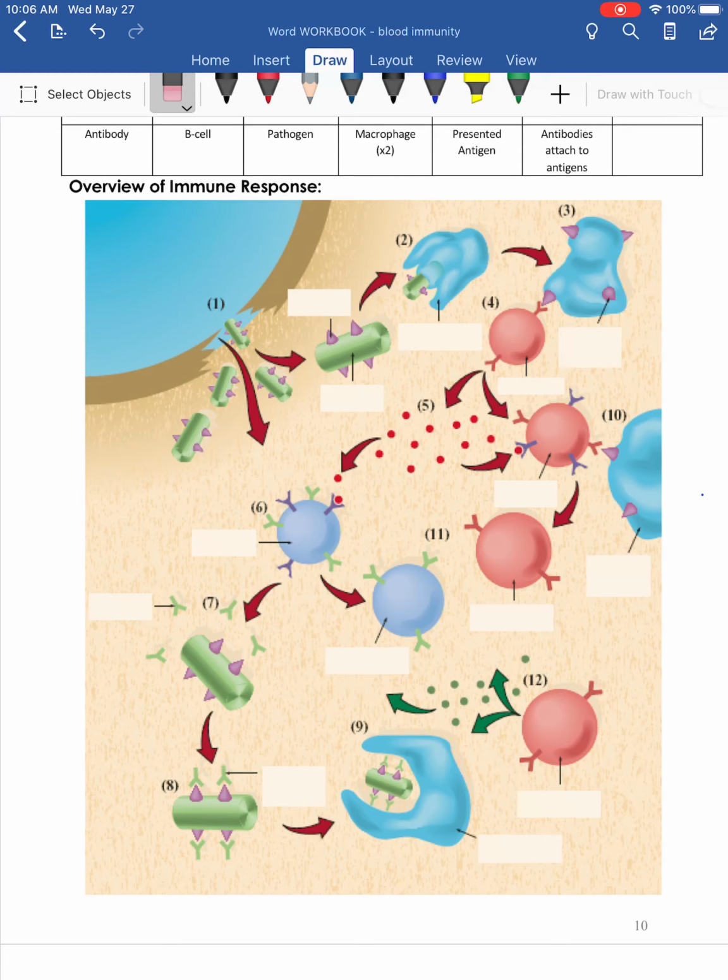The first line of defense is really more of a physical barrier to prevent pathogens from entering our body. So our best line of defense really is our intact skin. Skin does a pretty good job of preventing pathogens from entering our body. Skin also has acidic secretions that keep the pH roughly between 3 to 5 to prevent growth of bacteria.